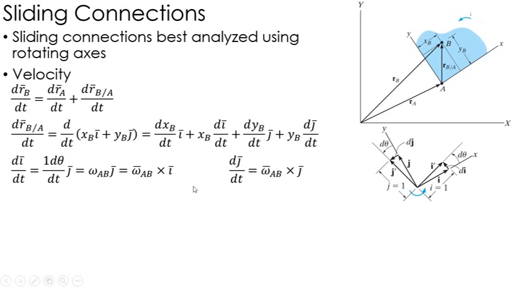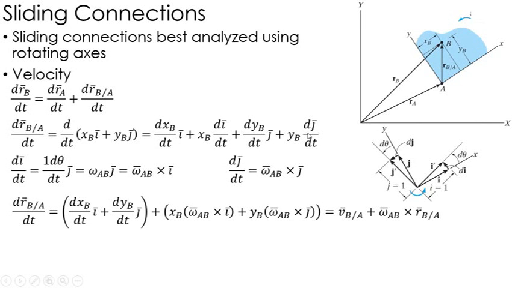Plugging in these values for di/dt and dj/dt, I get this, and I'm rearranging things a little bit. I'm combining the dx/dt and the dy/dt, so I have dx/dt in the i direction, dy/dt in the j direction. Then I'm plugging in omega cross i for di/dt and omega cross j for dj/dt, which is what I have here.